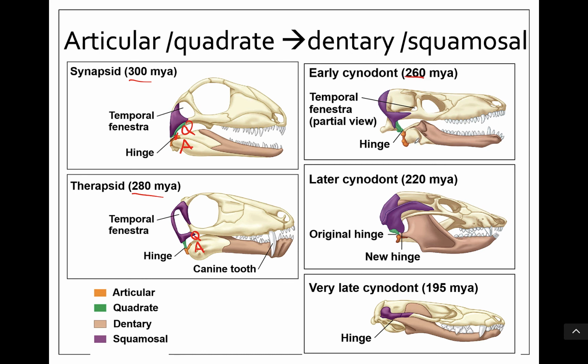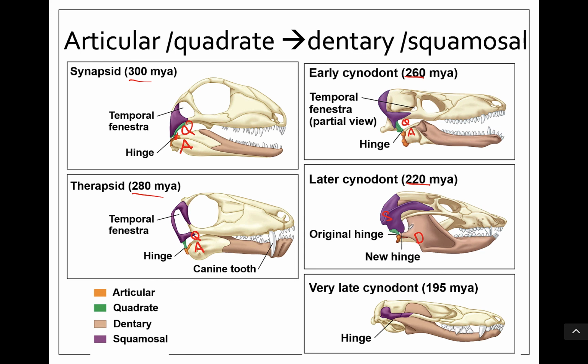Another 20 million years, still quadrate articular. And now you can see here at 220 million years ago, the quadrate and the articular are still touching, but now the dentary, which is down here, and the squamosal, which is your temporal bone, have started to move together too and created a new hinge.